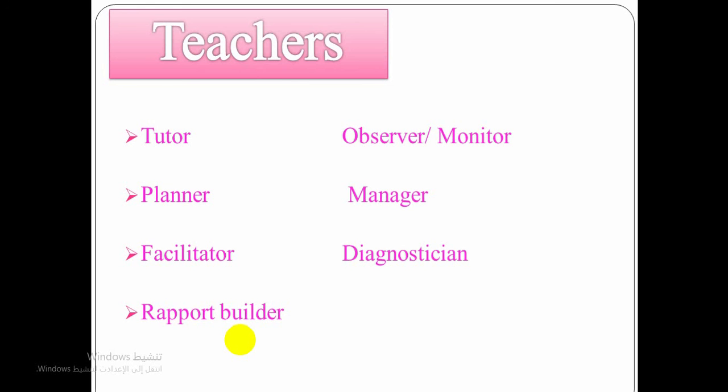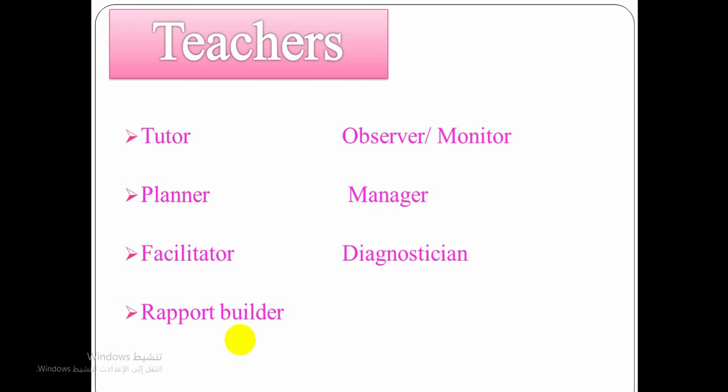So, if I ask you which role is the appropriate role that the teacher can use inside the classroom? Yes, of course. Teachers need to be able to switch between the various roles, judging when it is appropriate to use one or the other.